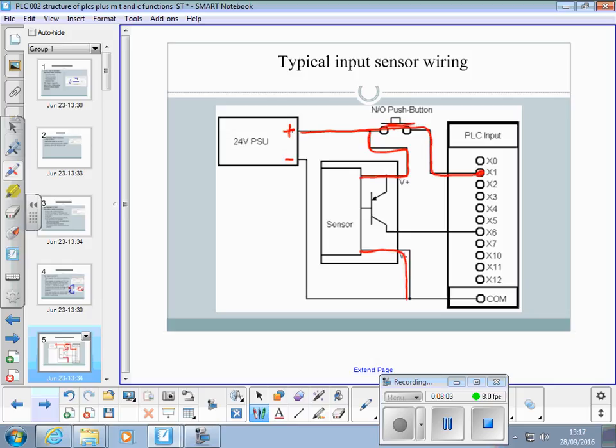And then when you put something in front of the sensor, a piece of metal if that's inductive, it turns this transistor on and allows current to flow through there and turn that input on. So not only do they supply current to the input, but they also need current to make the sensor electronics work. Michael?